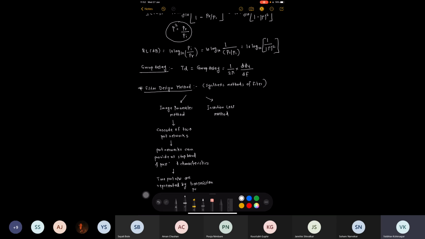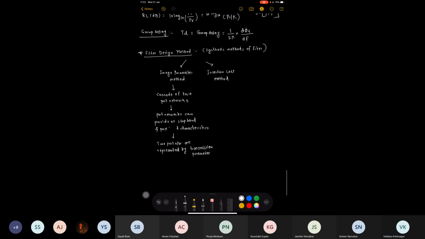And these transmission parameters are ultimately represented as impedances. See how the sequence of designing goes; I will explain. First let me write the things. Transmission parameters are expressed as image impedances. We'll come to this point later on.